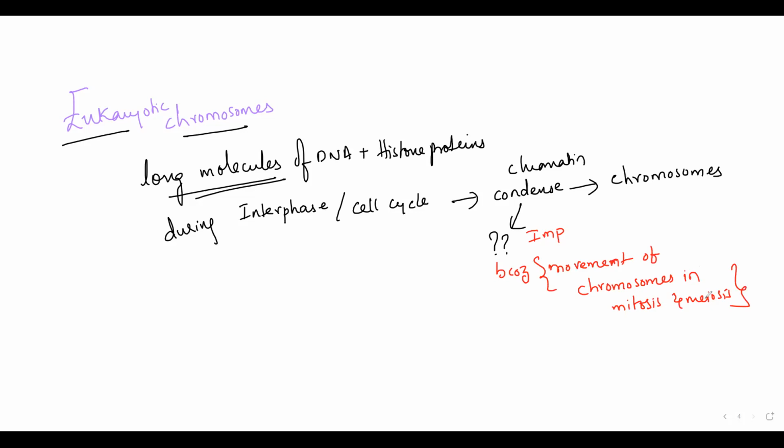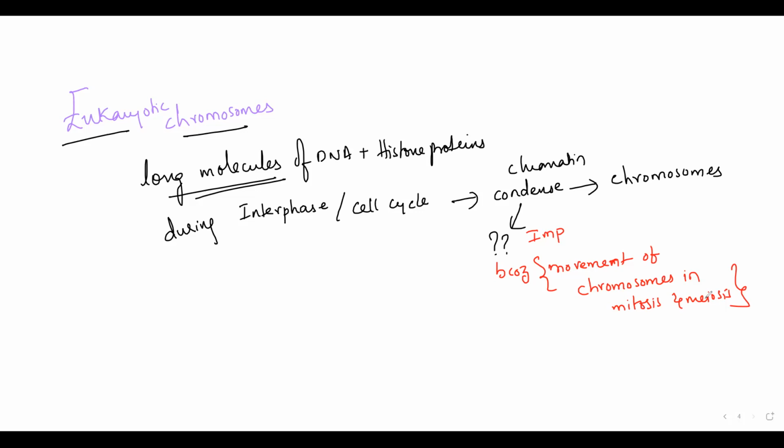So I'm trying to compare the eukaryotic chromosomes with the prokaryotic chromosomes, where we have seen that the prokaryotic bacterial chromosomes are forming complexes with simple proteins, actually not even the non-histone proteins. They are simple proteins that are forming the complexes, forming a loop-like structure.